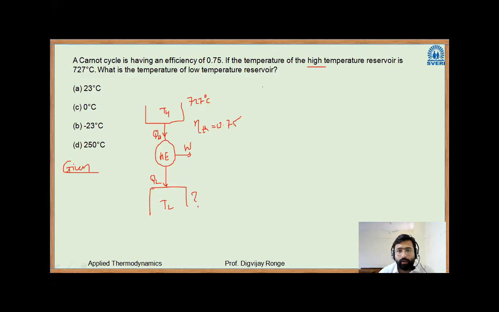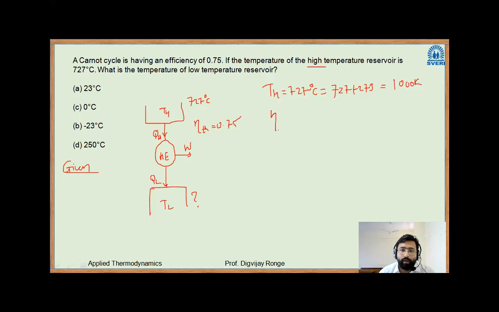Okay. Now here TH is equal to 727 degrees Celsius. I want to convert it to Kelvin. So 727 plus 273. This will give you how much? 1000 Kelvin. Okay.